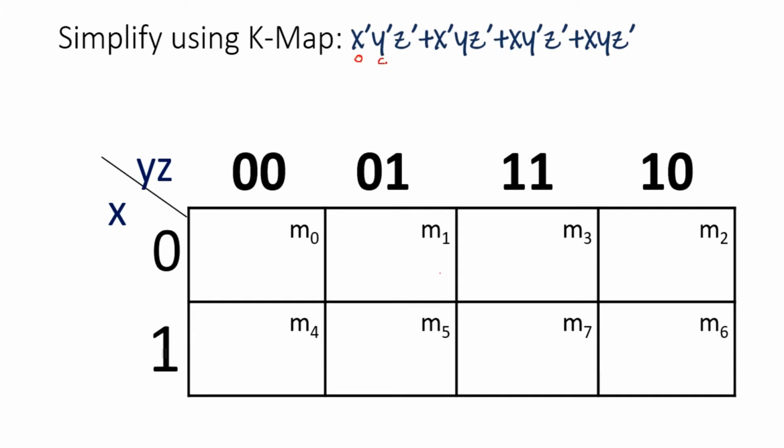Ang value ni y ay 0. Ang value ni z ay 0. Bakit? Kasi may mga prime sila. Dito naman, may prime si x, so 0. Walang prime, so the value of y is 1. May prime, kaya 0. Ang value ng x ay 1.